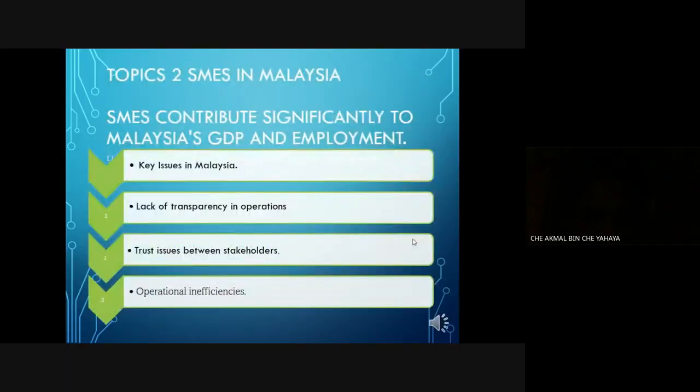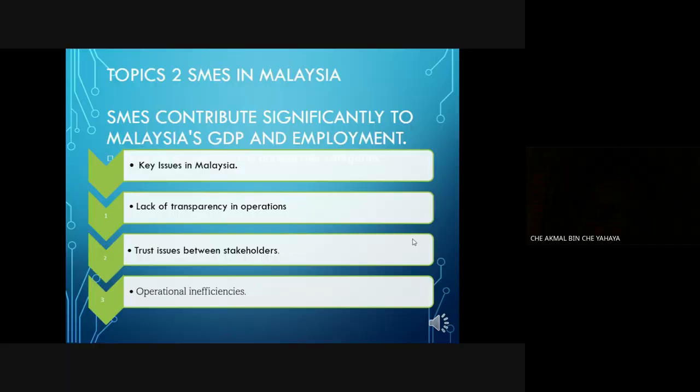Yeah, next slide. Then we have topic 2, SME in Malaysia. SMEs contribute significantly to Malaysia's GDP, per capita income and employment, but there are some issues in Malaysia. First, lack of transparency in operations. Usually it is not clear how the flow goes along the chain from the supplier to the distributor, for example, and something can happen between them.